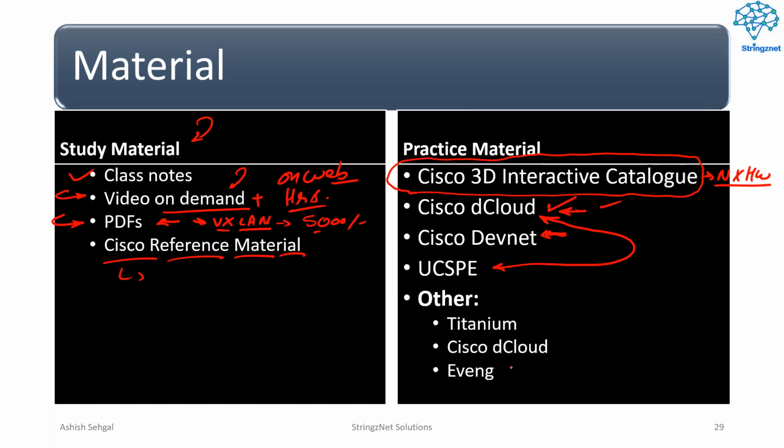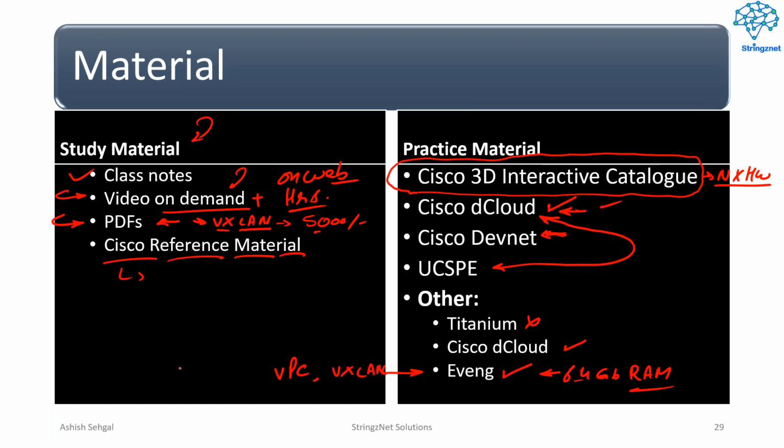Besides this, if you want to use EVE-NG, Titanium is not something I will recommend. Cisco dCloud, I have already said. EVE-NG requires a strong server with say 64 GB of RAM, then you can set up EVE-NG. But with the help of EVE-NG, you can work only on VPC and VXLAN.